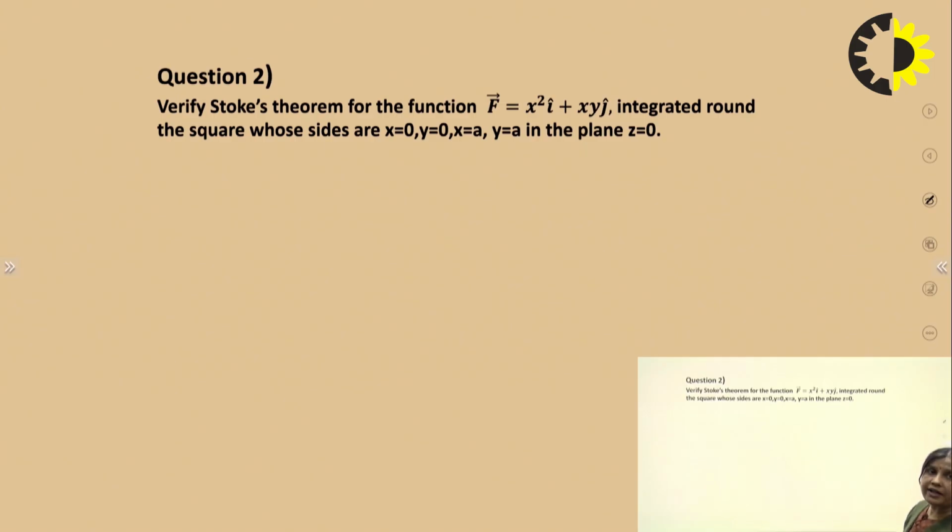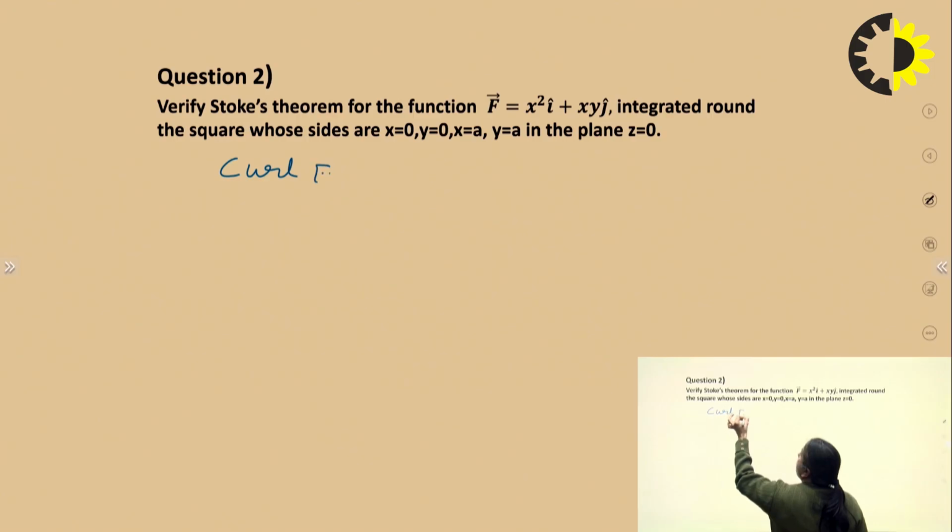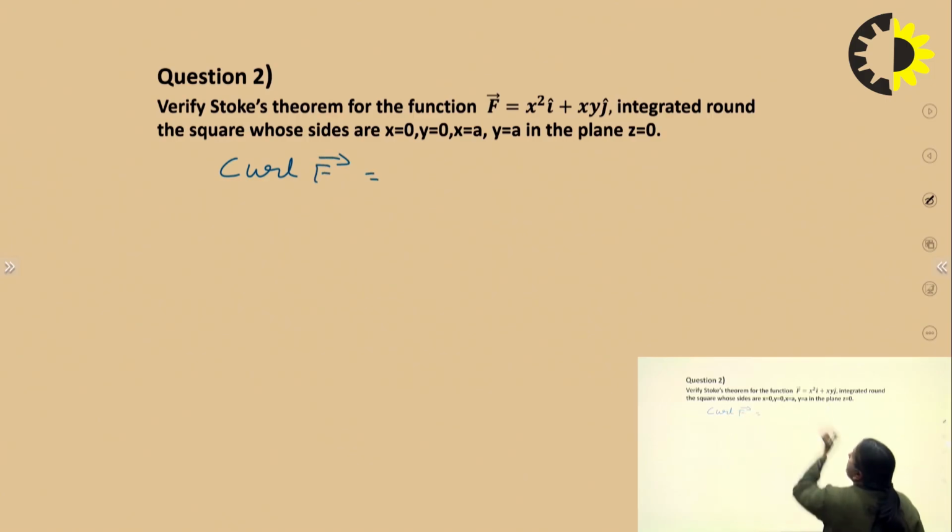So first we find the RHS, that means the right side of Stokes theorem, that is the surface integration of curl of f vector dot n cap vector ds. So first we have to find the curl of f vector. In this question, f vector is given as x square i cap plus xy j cap.